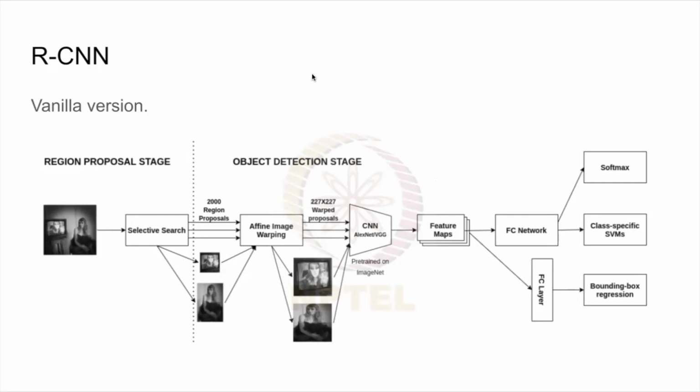The second thing that we do is the affine image warping. In the affine image warping, we make those two images the same size. Let's say we've got an image of size 200 by 200, and the second image is of size 300 by 300.